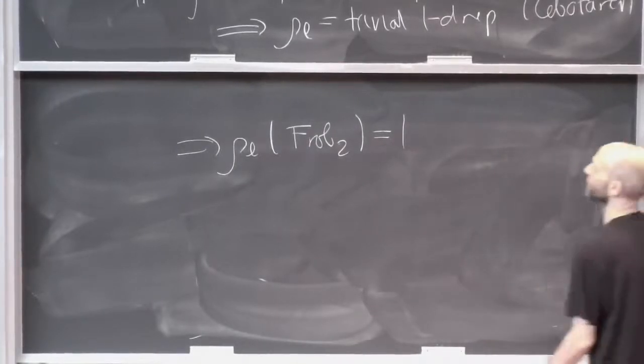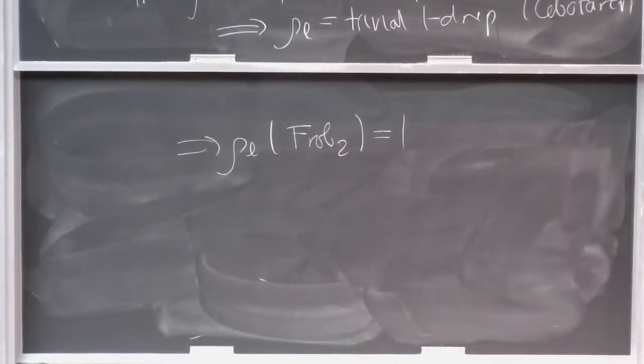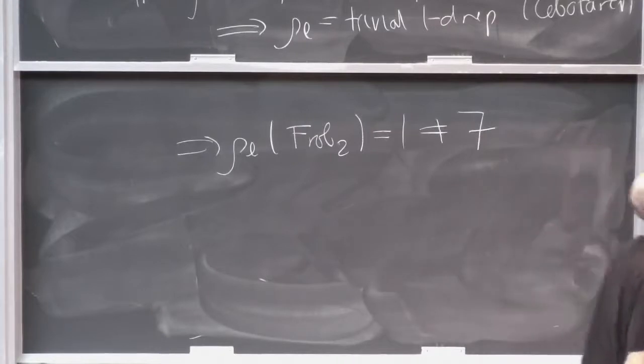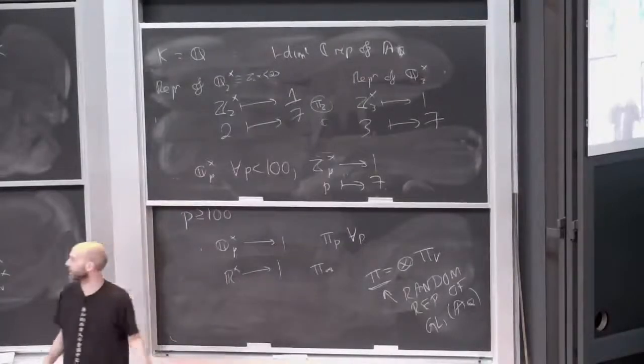And then the graduate students come along and decided that these infinitely many things should be 1, and it doesn't get to be 7. So I can't just be going around defining rho p's randomly, okay?